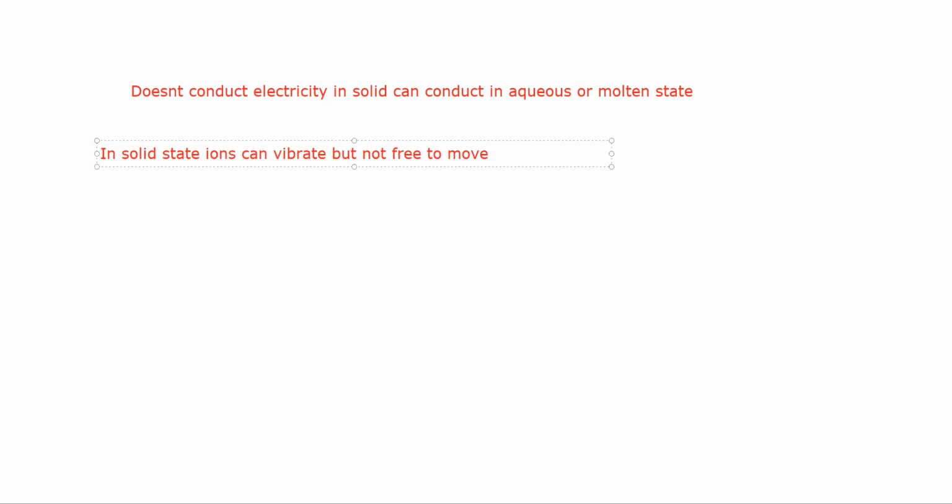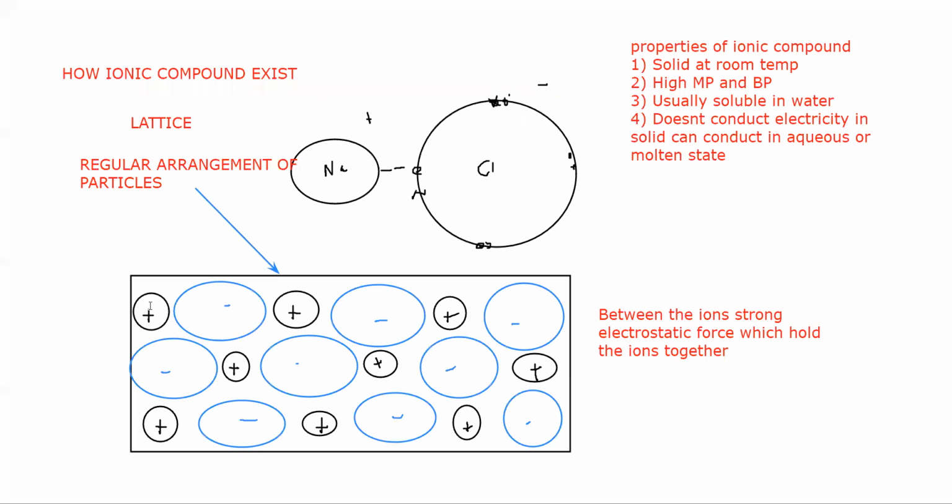Like you can see the structure here. These ions, like this positive ion, cannot move from one place to another. It will remain here. It can only vibrate, but it cannot move from one place to another. There's no movement.